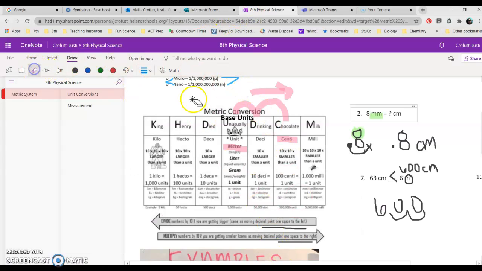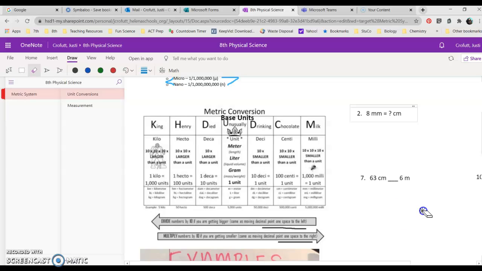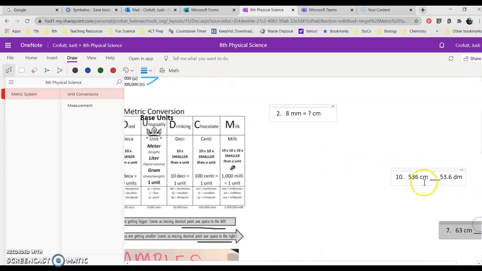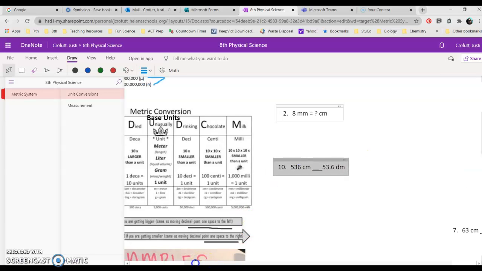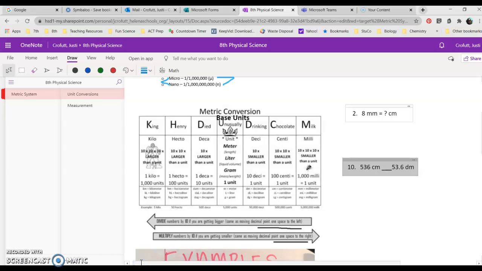Let me erase this last example and pull this over so you can see both. This is number 10. We want to convert one of these. It doesn't matter which one, but to be consistent, let's convert decimeters into centimeters so they're both in centimeters.